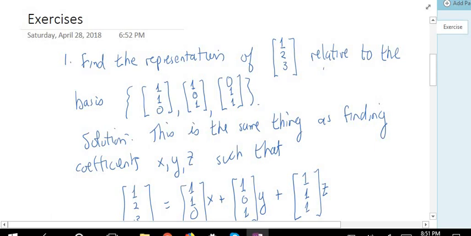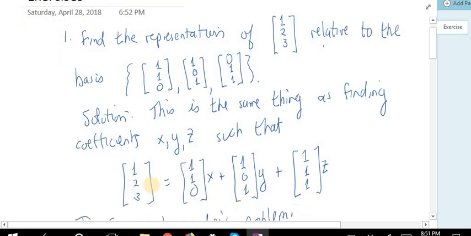The general linear combination is right here. 1, 2, 3 is 1, 1, 0 times a constant plus 1, 0, 1 times a constant plus 1, 1, 1 times a constant. So here's your linear combination of the three basis vectors, and we set that equal to the vector that we want to represent. Okay, so that's what we mean when we say find the representation of a vector relative to a basis.